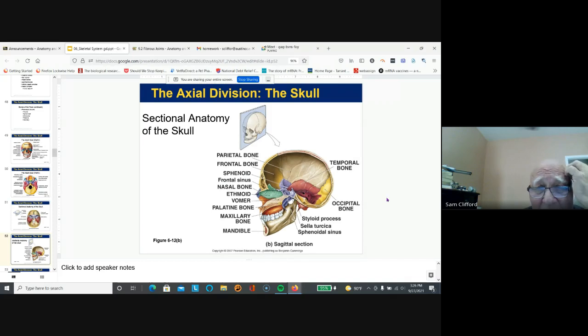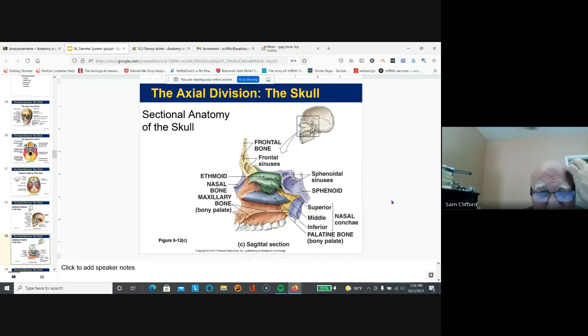Learn these bones. Here's the bones of the nasal cavity. Here's the nasal conchae, superior, middle, and inferior. As air is drawn into the nasal cavity, these conchae cause the air to swirl in various directions, and in that process, the air is heated.